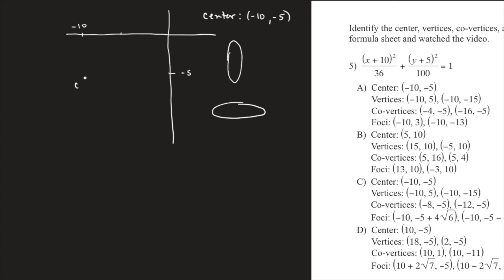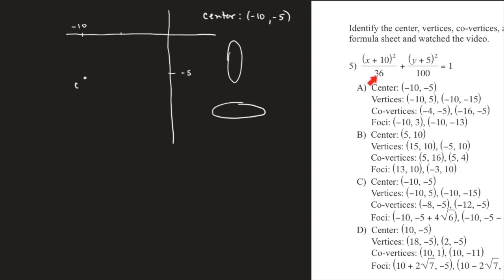The way you determine this is you look at your equation, and I want to find the larger of these two values. In the ellipse, the larger of the two numbers is a squared. So in this case, my a squared is going to be 100, or a is 10, and my b squared is going to be 36, which means b is 6.